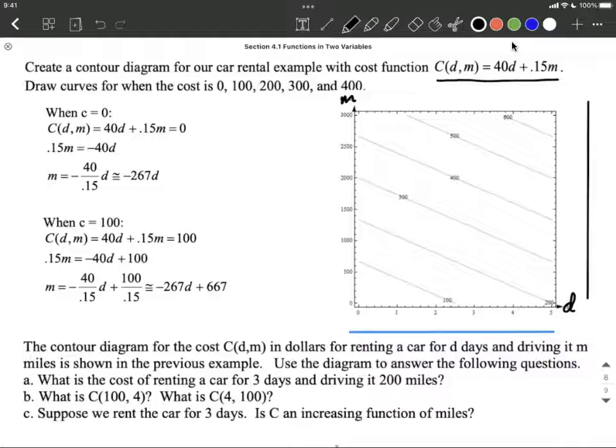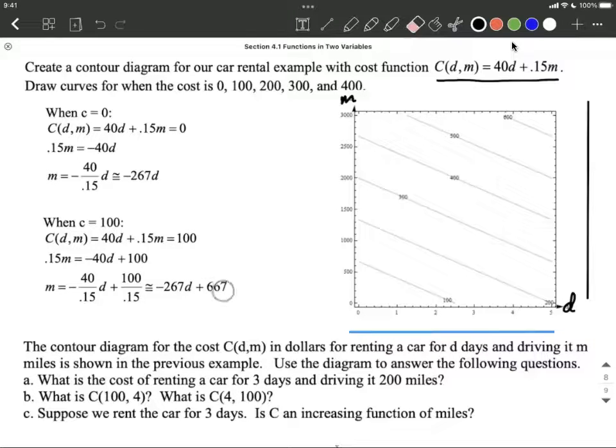For lining things up, with a little bit of solving, we can isolate m on one side by itself, such as what you would do if you isolated y on one side. Same thing could be done with 100: plugging it in, setting the whole equation equal to 100, solving down, getting m on one side by itself. This works out to be right around m = -267d + 667.